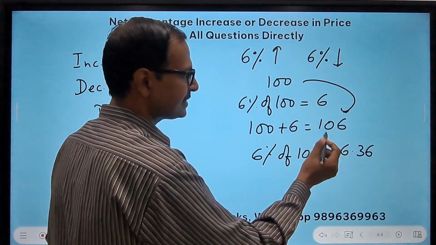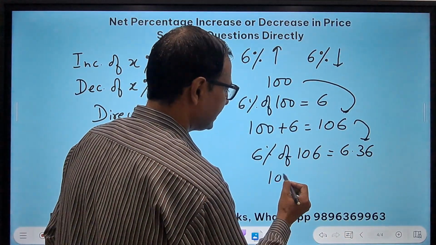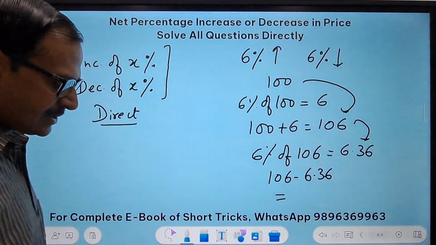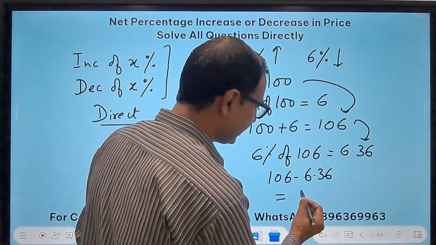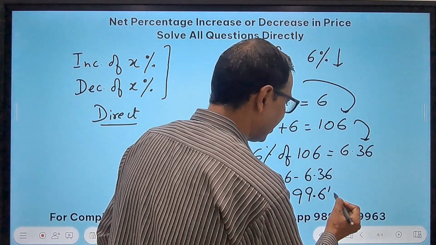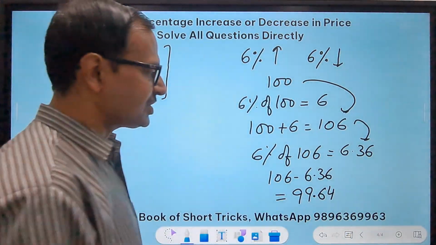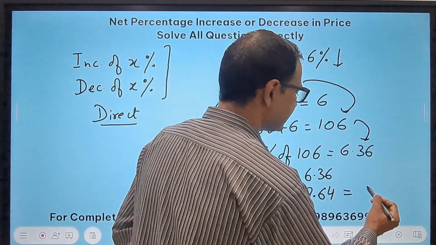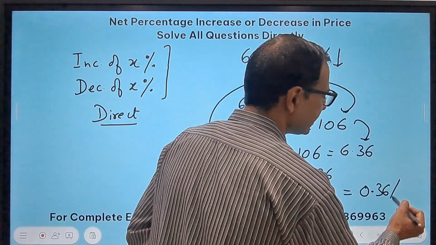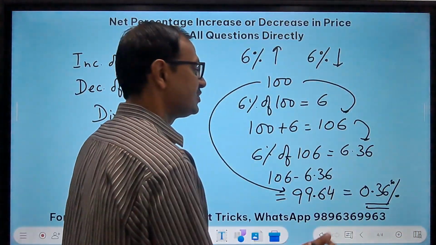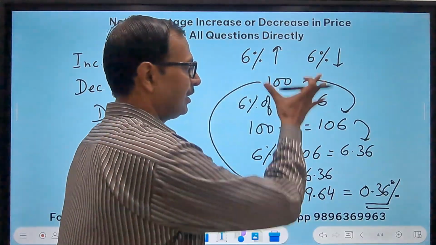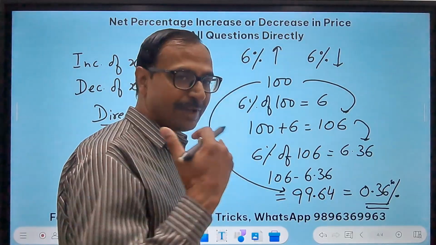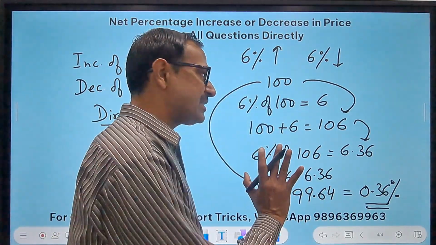And that is a decrease, so 106 minus 6.36 will get me the final answer, that is 99.64, right? So the variation, how much is the difference between 100 and 99.64? It is 0.36%. Now you can check, 0.36 will be your answer. Takes quite a while, right? Maybe 1.5 minutes, even if you are very good in calculations, you will take at least 1.5 minutes to solve this.